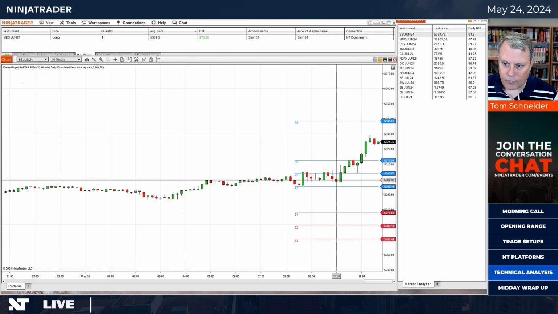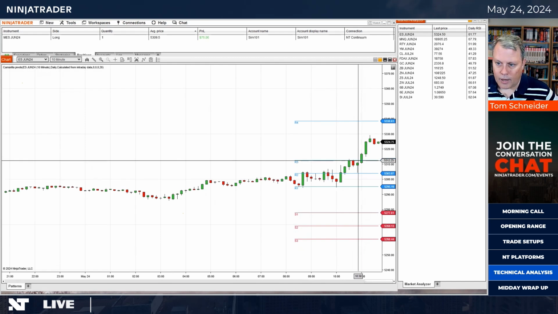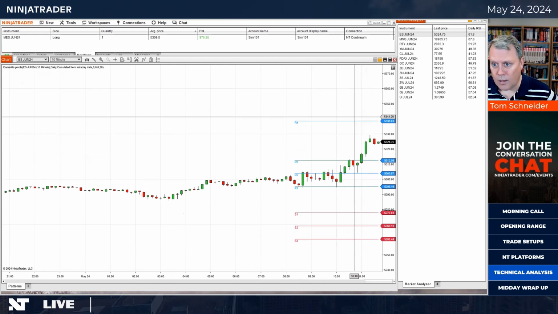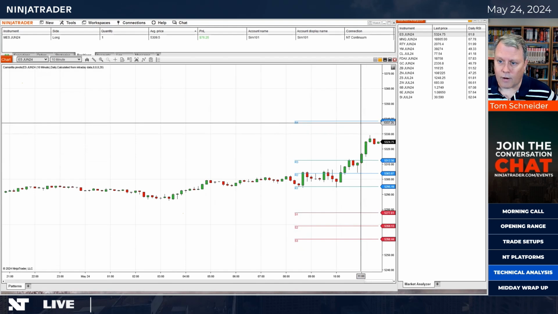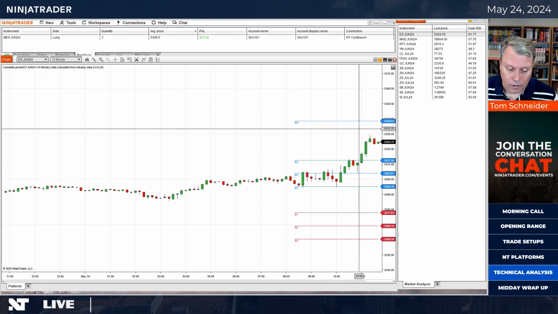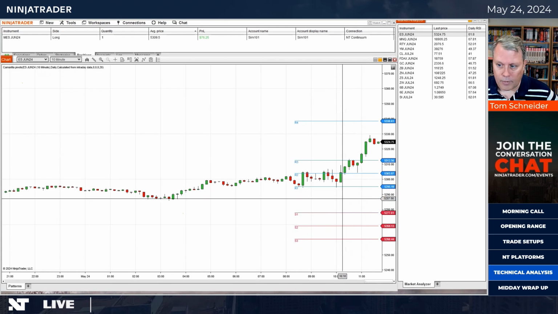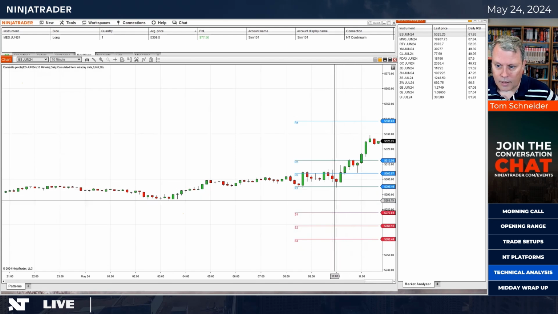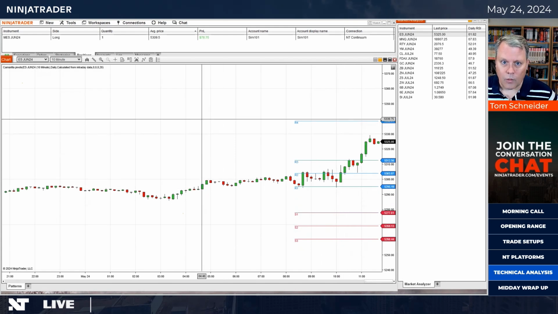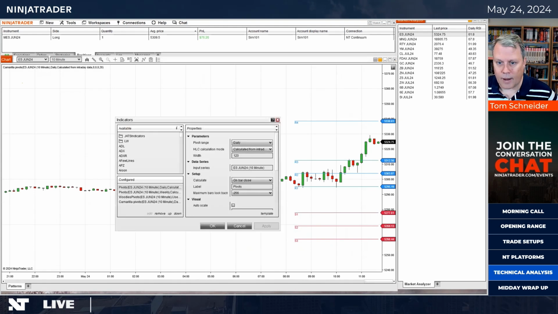So Camarilla pivots are available on the NinjaTrader system. And think of this R4 maybe as the old R3, pretty close to it. This just gives us more trading levels in the smaller trading days.